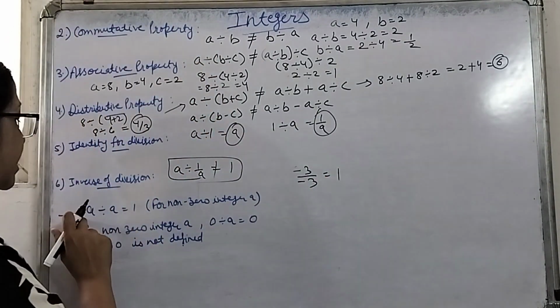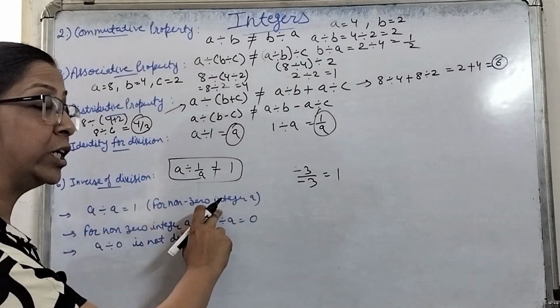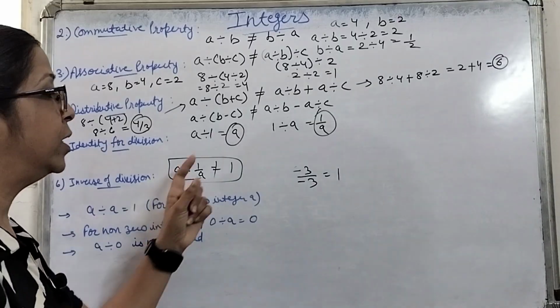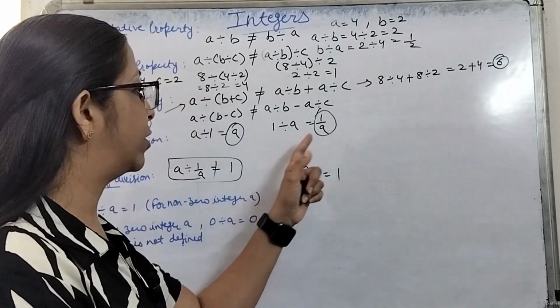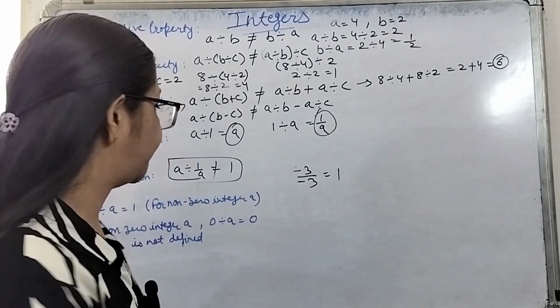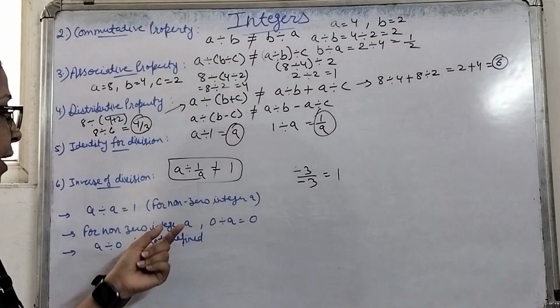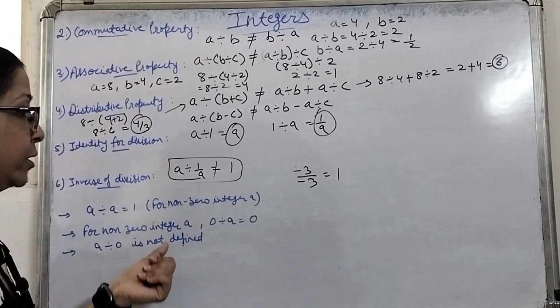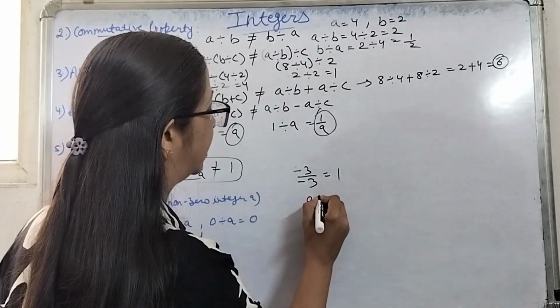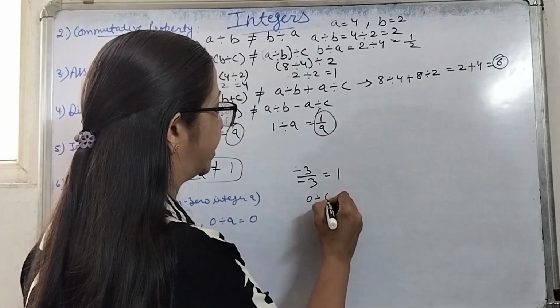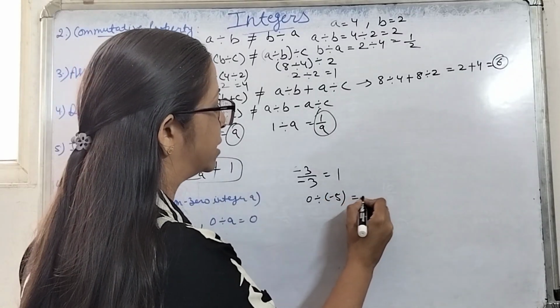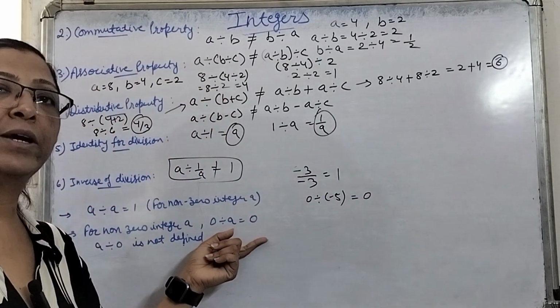So if a is any integer whose value is not 0, and we divide the number by itself, we will get 1 as the quotient. Similarly, if a is any non-zero integer, and we divide 0 by that non-zero integer, say minus 5, the quotient will always be 0.